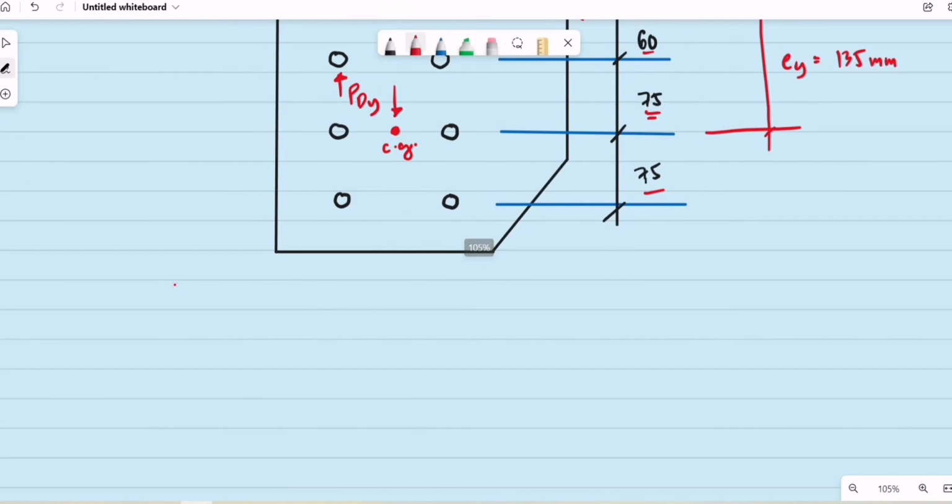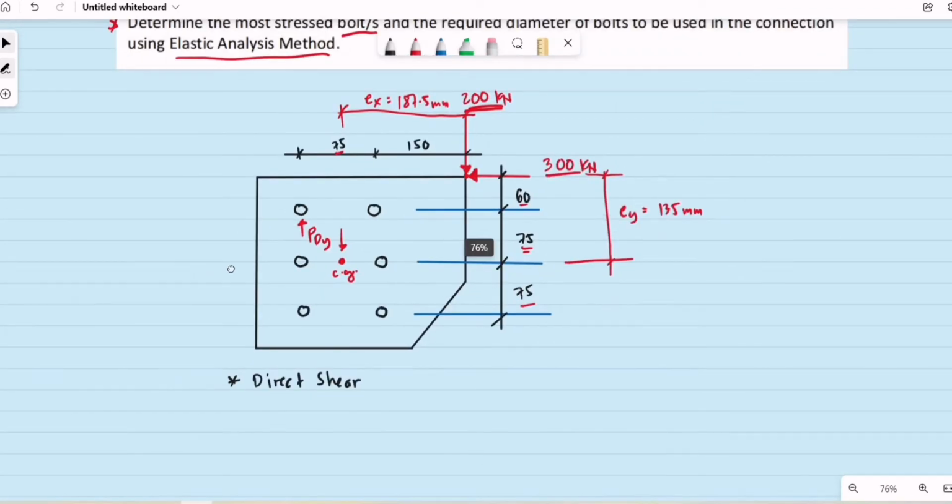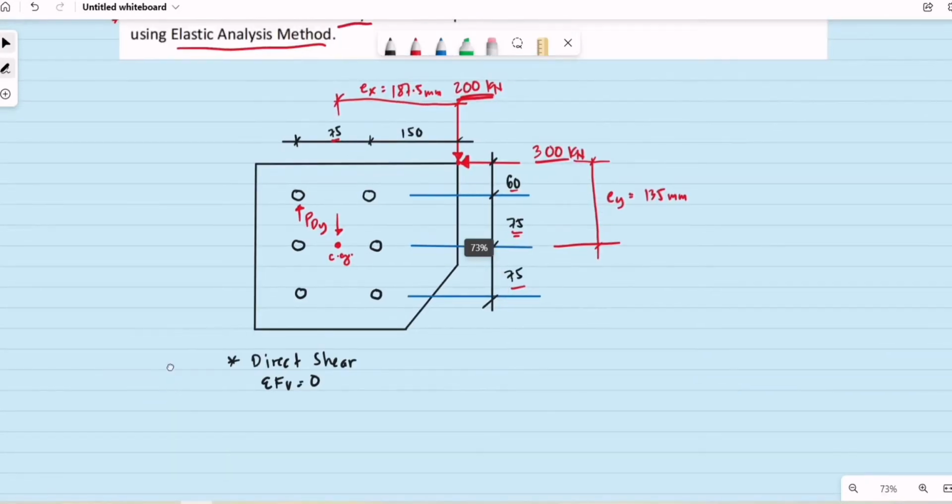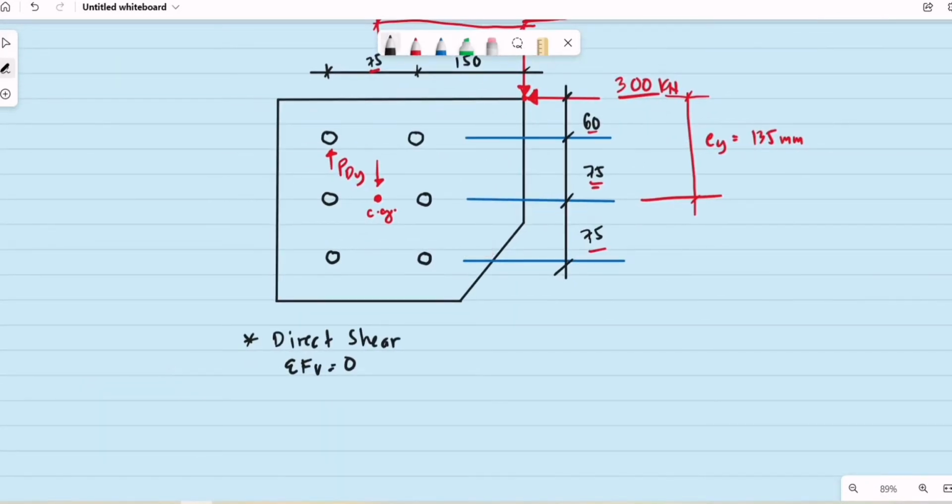So computing for the direct shear, we assume that the loadings will be distributed evenly to our bolts. For the vertical force, summation of forces vertical equal to 0. So again, class, we have 6 bolts. So 6 times the vertical direct shear for 1 bolt is equal to 200 kilonewtons.